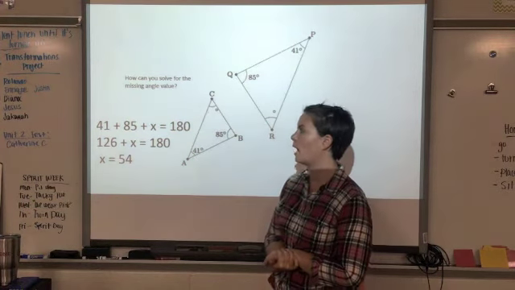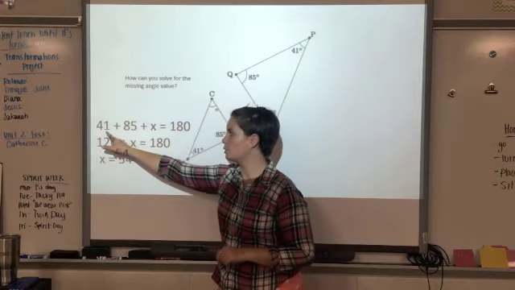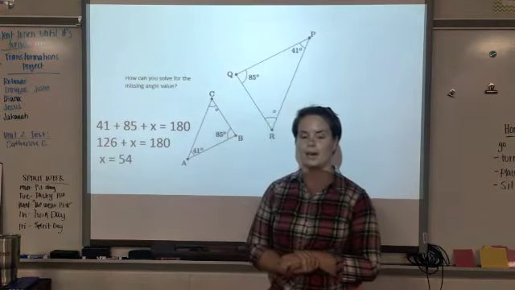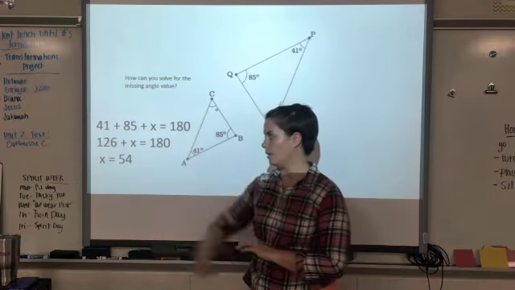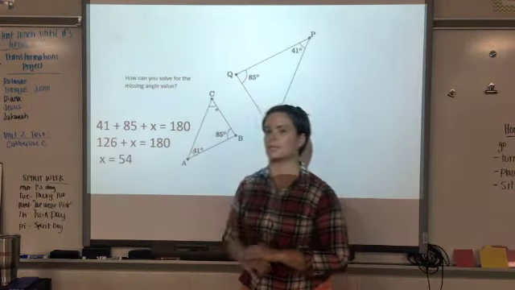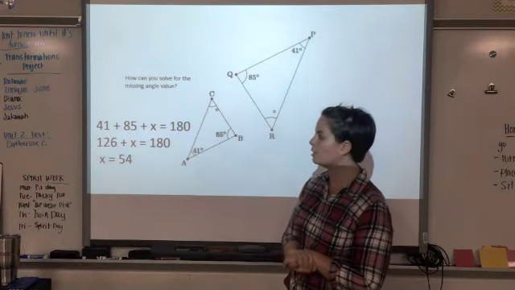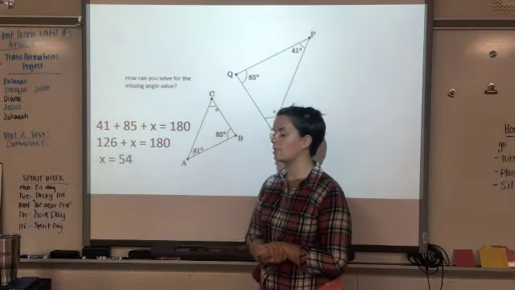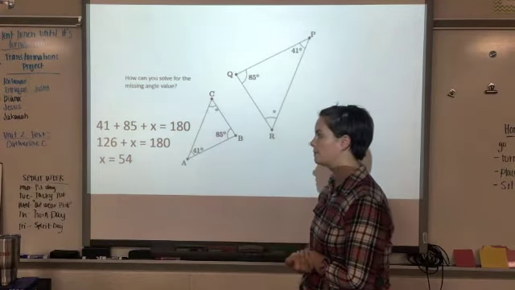Okay, how do we solve for x? First you must combine like terms. You combine 41 and 85. You add them together just like it says. Okay, you get 126. You need to pull down your x. You now have 126 plus x equals the sum of a triangle, or 180 degrees.